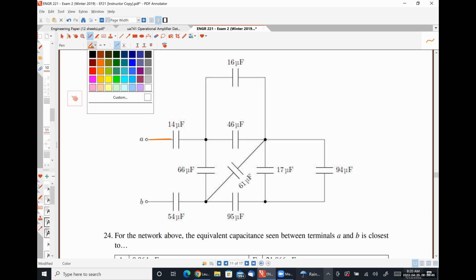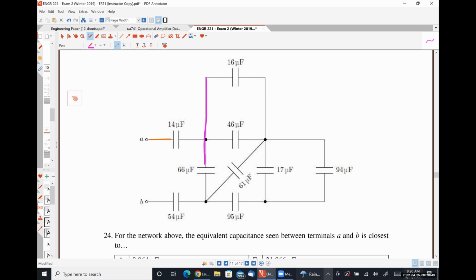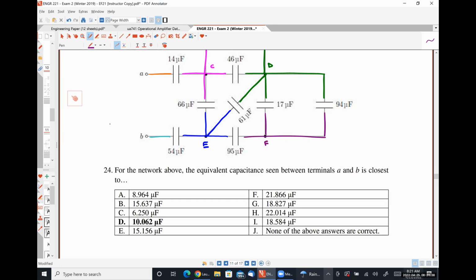So this is node A. I'm going to call this guy C. Let's call this guy D. This is B. This will be E. And finally, this guy over here will be F.